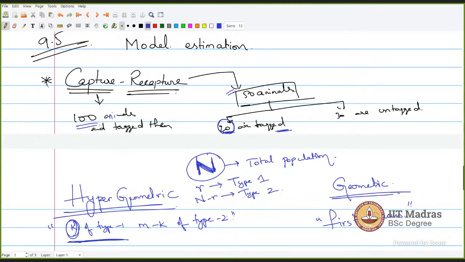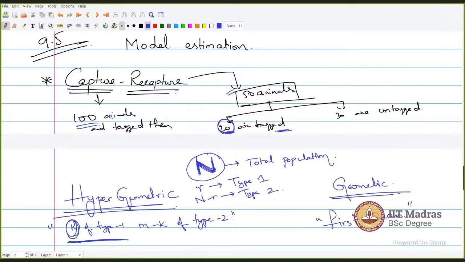If I choose 50 animals randomly, not every time will you get 20 tagged animals, right? You may get 0 at some point, you may get 1 at some point, you may get 20 at some point, you may get 19 in other samples.